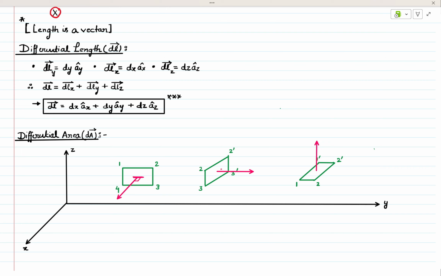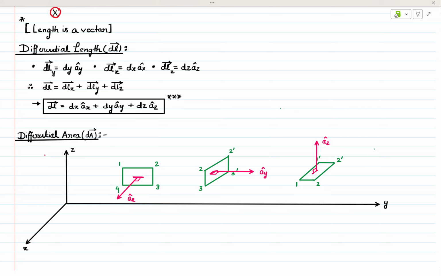See, these three are actually perpendicular to the planes. Now this is in the direction of x, denoted by the unit vector ax. This is in the direction of y, denoted by the unit vector ay, and this is in the direction of z, denoted by the unit vector az. Okay. So these are the three area vectors, right?